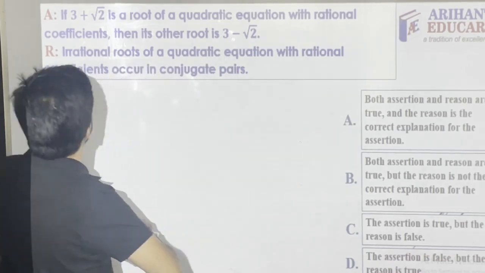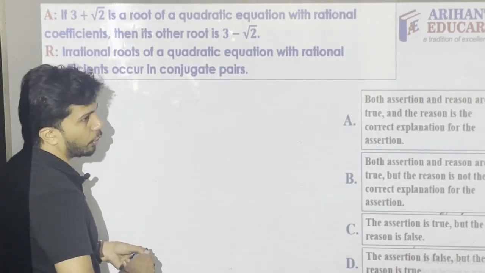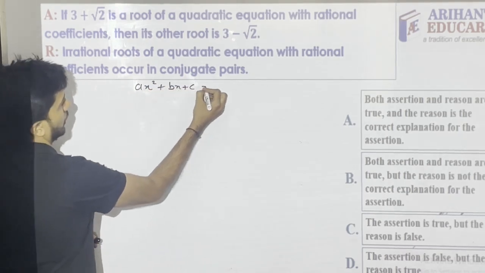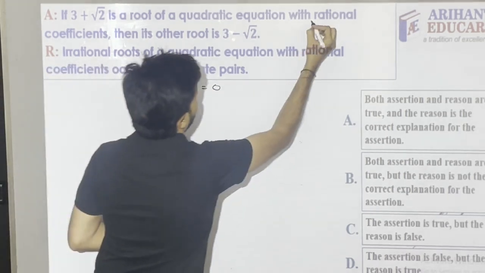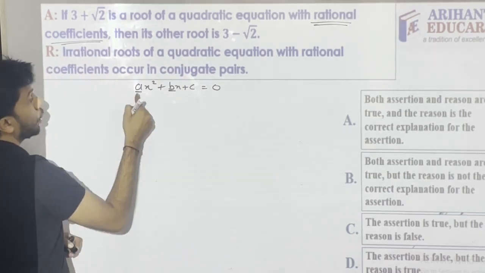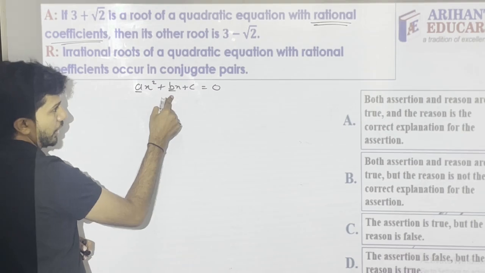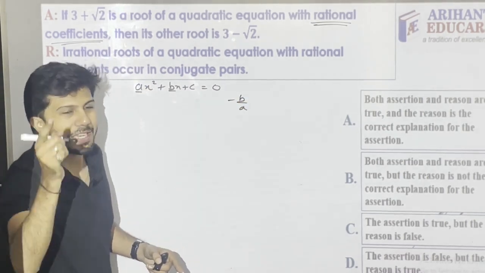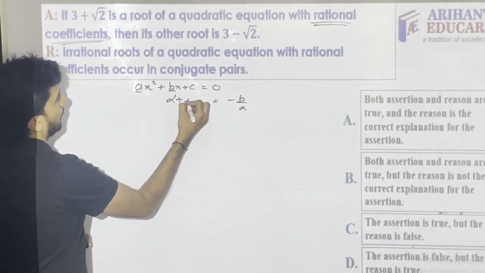Let's see the question again. 3 plus root 2 is a root of a quadratic equation. So any such quadratic equation should have rational coefficients. Here the coefficients are a and b. To get a rational coefficient, what is minus b by a? It is the sum of the roots, alpha plus beta.